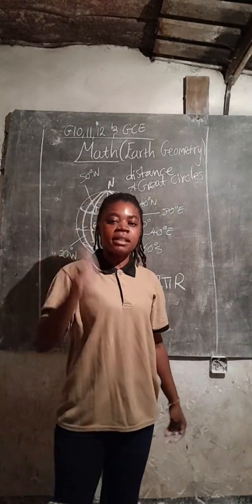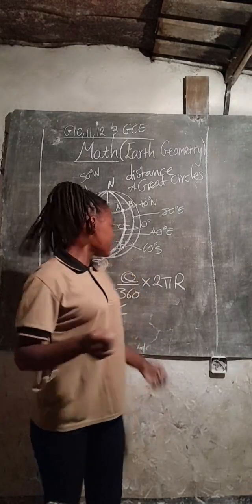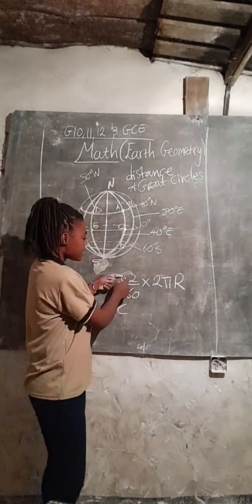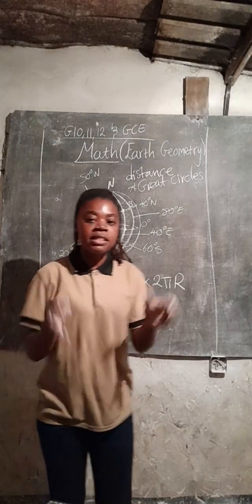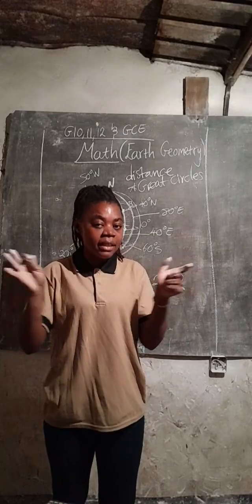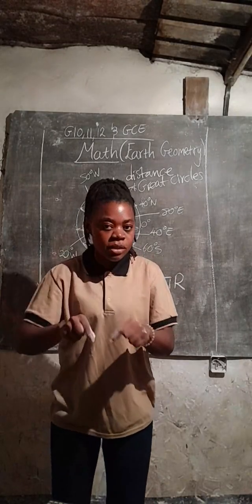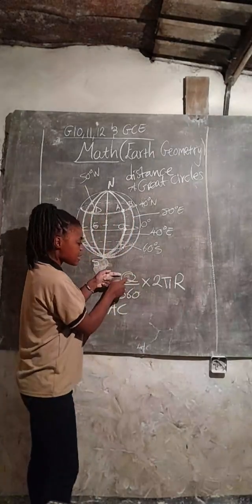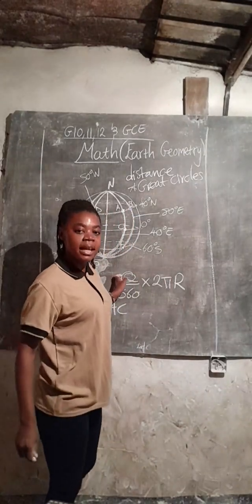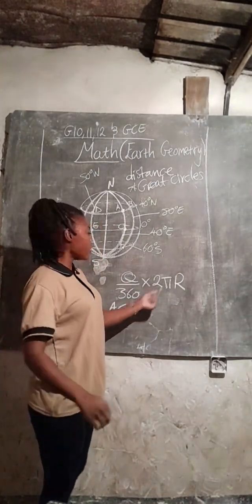So now what is the first thing that you're going to do? Remember, in the formula itself, this theta is just standing for the difference in what? Latitudes, or the difference in longitudes. And now since we're talking about great circles, at this point, this theta is a difference in what? Latitudes. And the 2 is part of the formula.